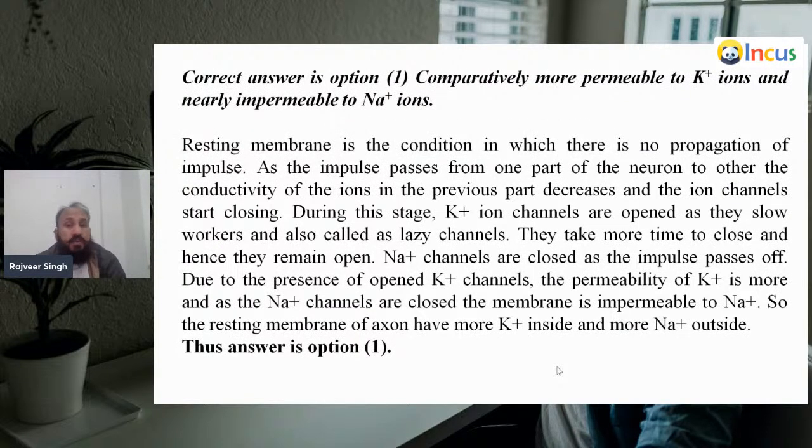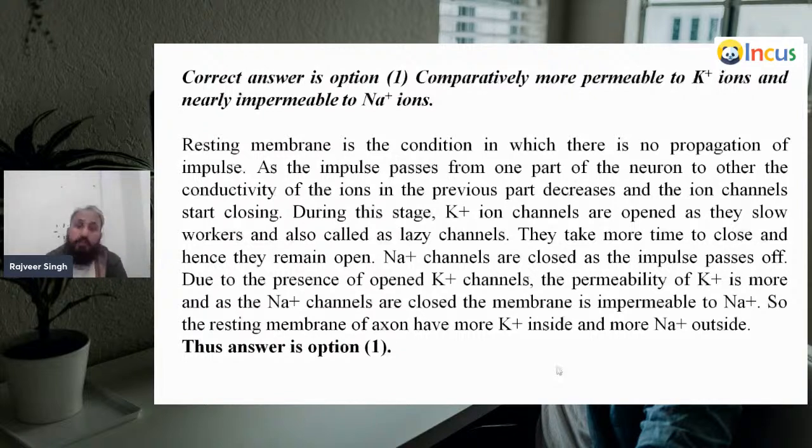Why have we chosen it? Let me explain. The resting membrane is the condition in which there is no propagation of the impulse. As the impulse passes from one part of the neuron to another, the conductivity of the ions in the previous part decreases and the ion channels start closing. During this stage, sodium ion channels are open as slow workers, also called leak channels.